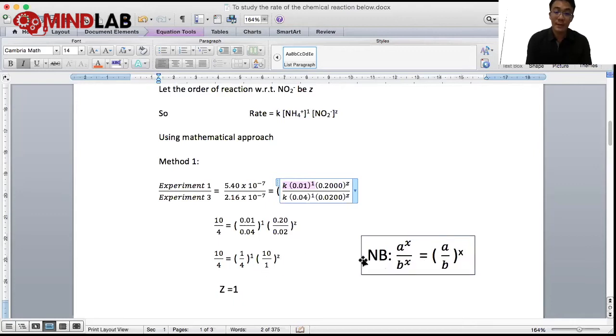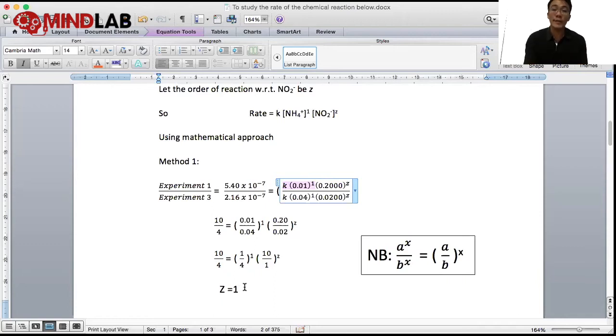By using this formula, z equals 1. So that's it for solving the power of the concentration of NO2 minus.